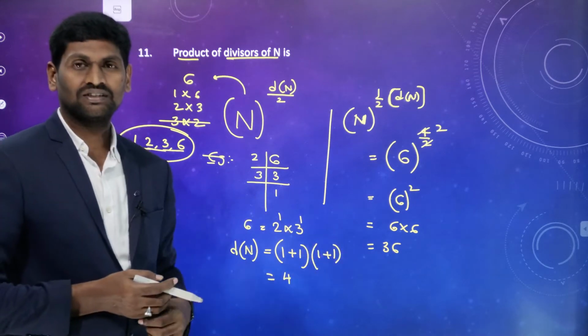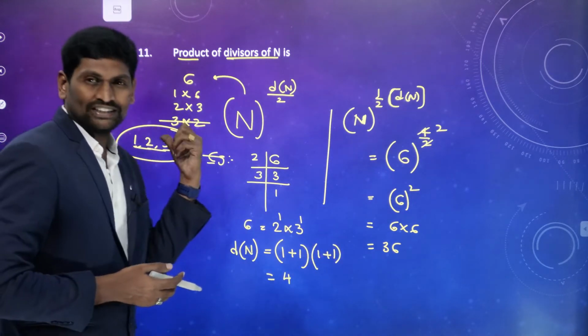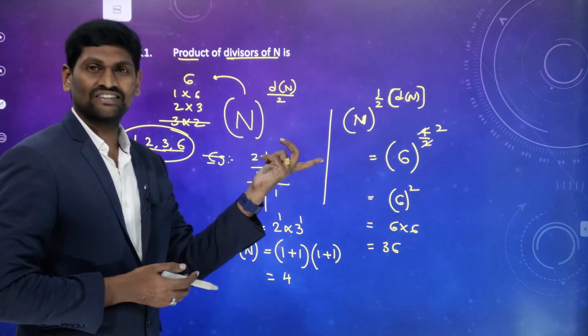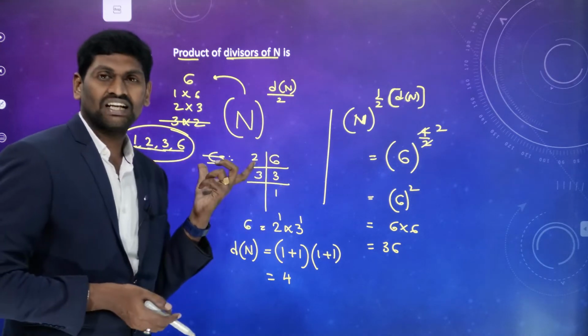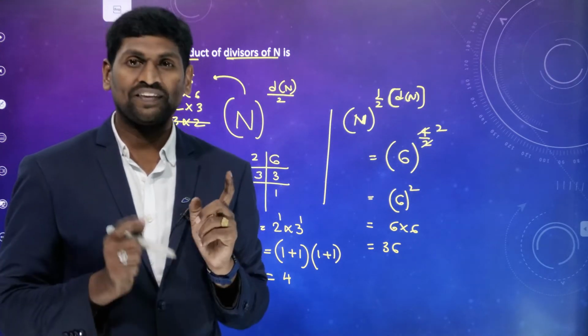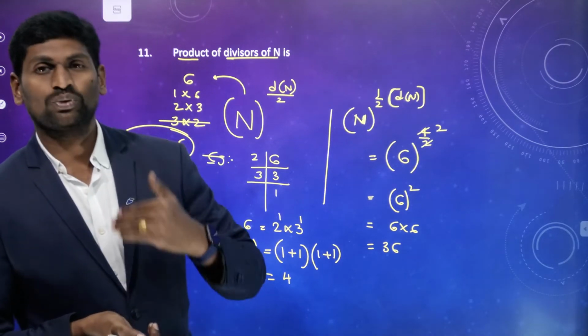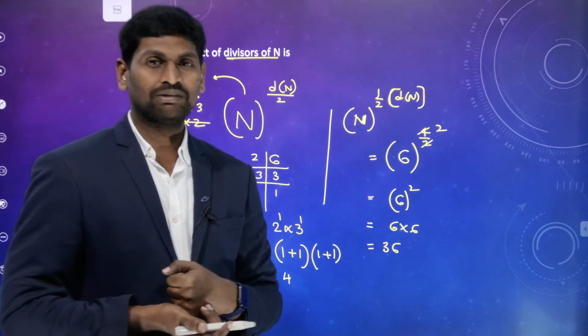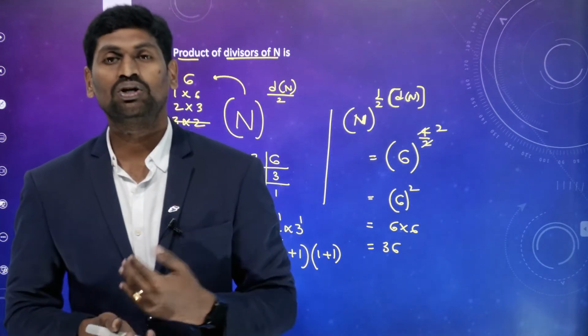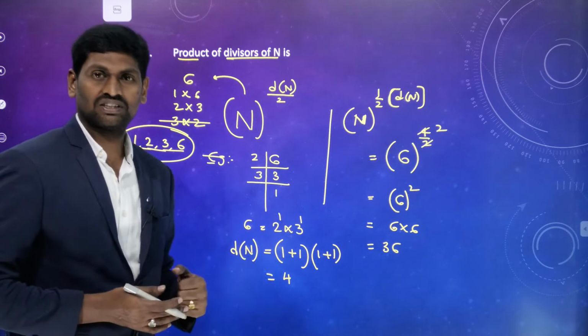Same answer. This regular method is easy when the numbers are smaller. If you take 2-digit numbers onwards, calculating the product of divisors becomes somewhat difficult.